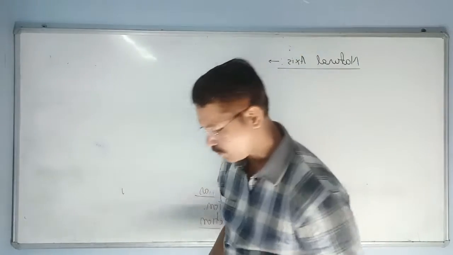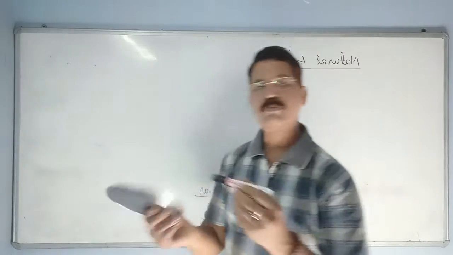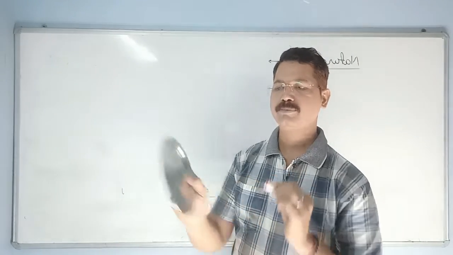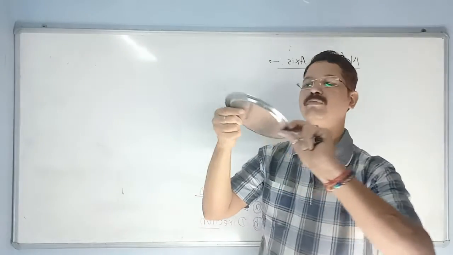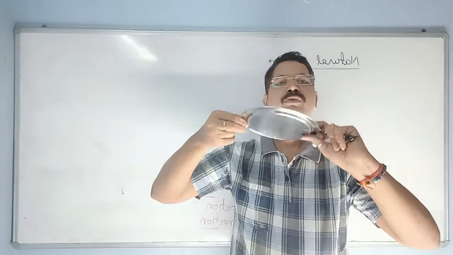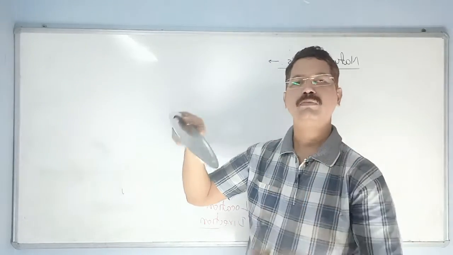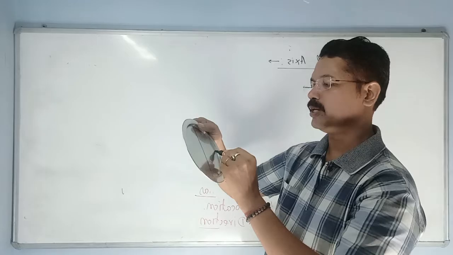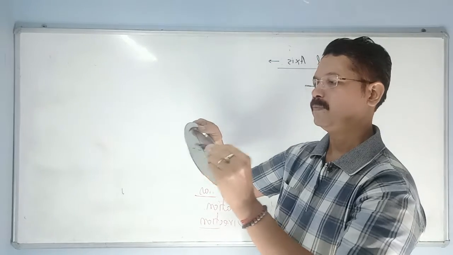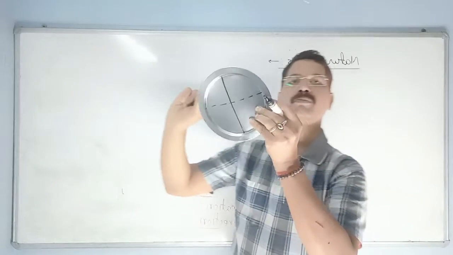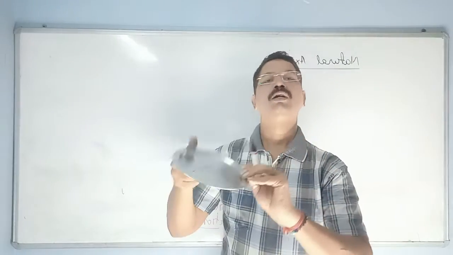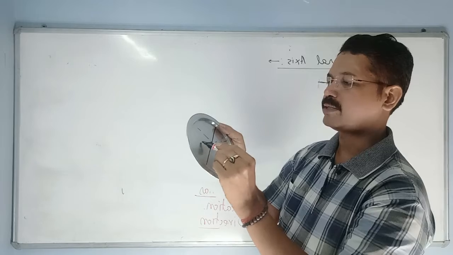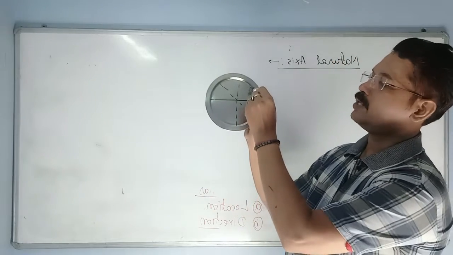So suppose this body in one instance rotates like this, in this direction, and the second time when I apply the force by hand, the body rotates like this in this axis, and after that the body rotates like this.